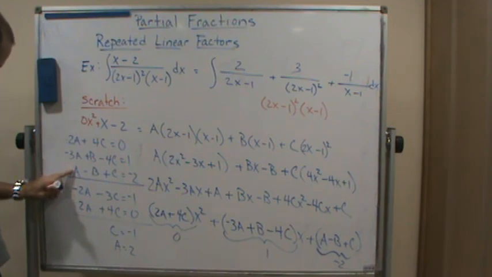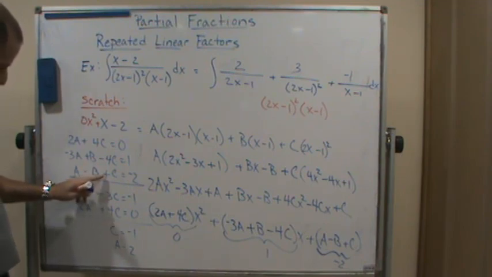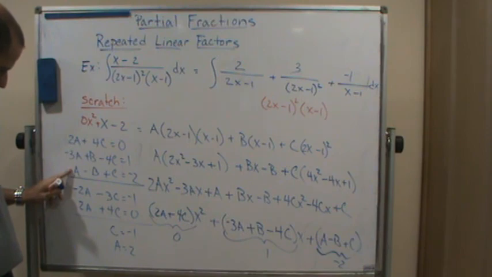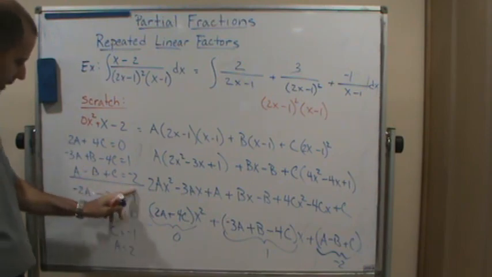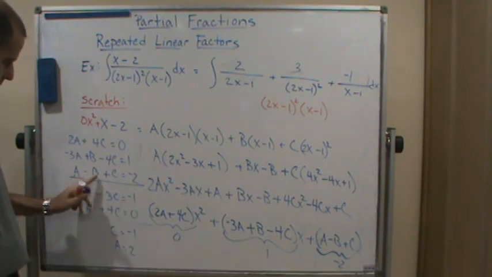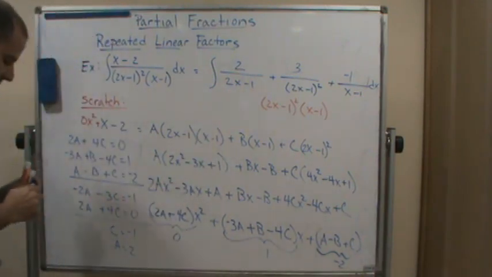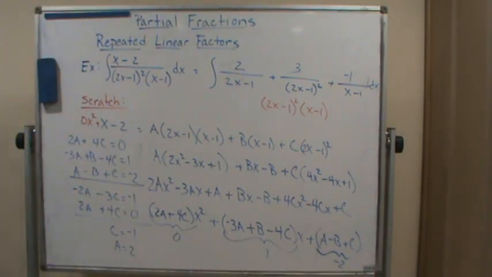So let's do the second one. So this would be 2 minus b minus 1, because this is a negative 1. So it would be 2 minus 1, which would give us a 1. And then we add, so we get negative b equals negative 3, which means b equals 3. And we got this, the last one. So that works as well.